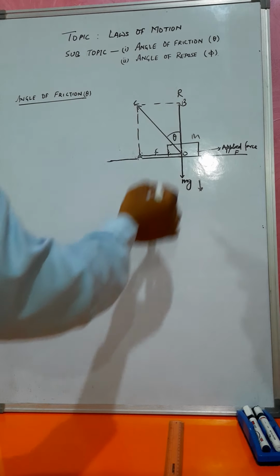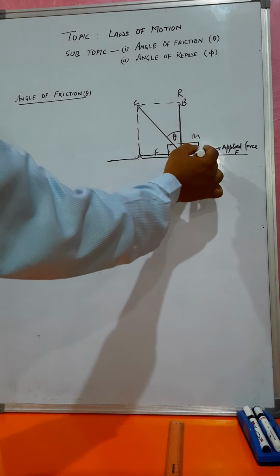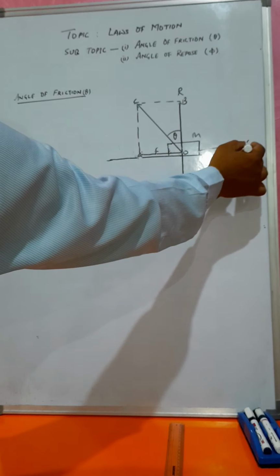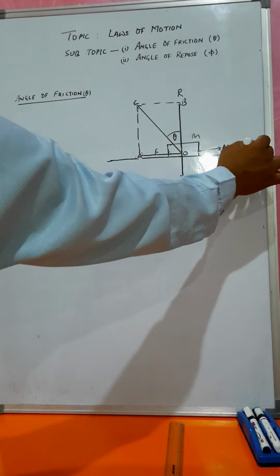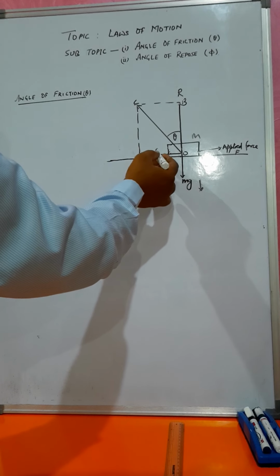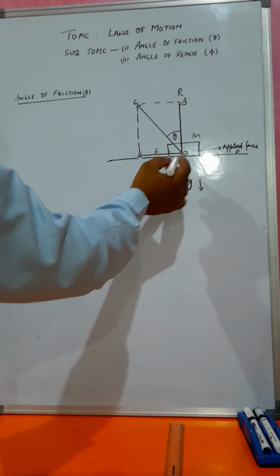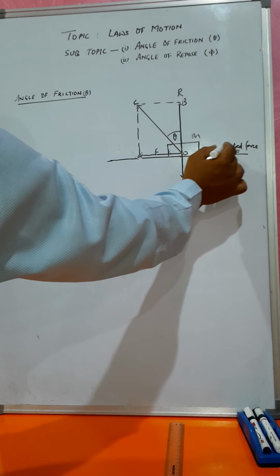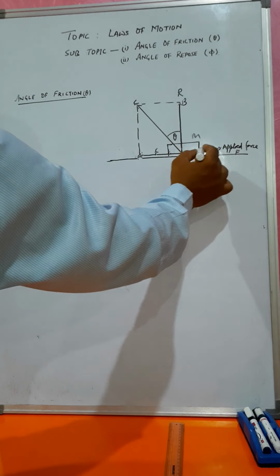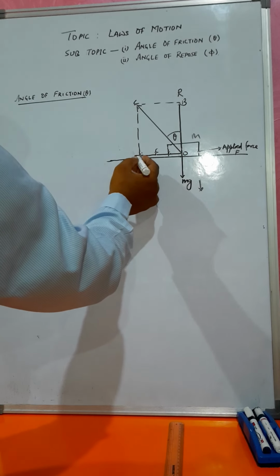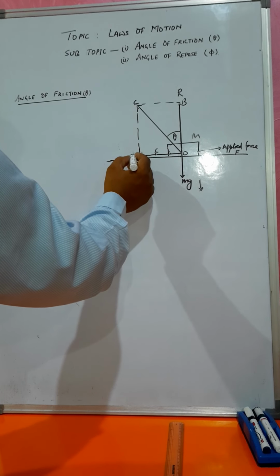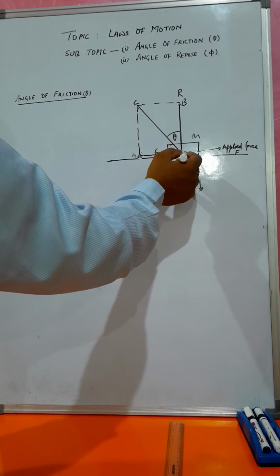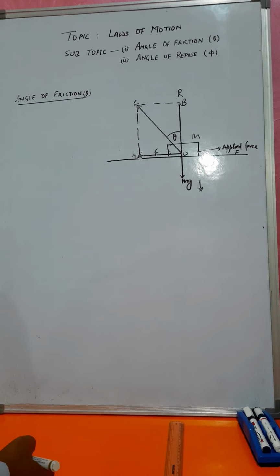If a force is applied on this body to move it, or it tends to move in this direction, a force of friction acts in the opposite direction. So this is the force of friction, say OA, and OR is the normal reaction.